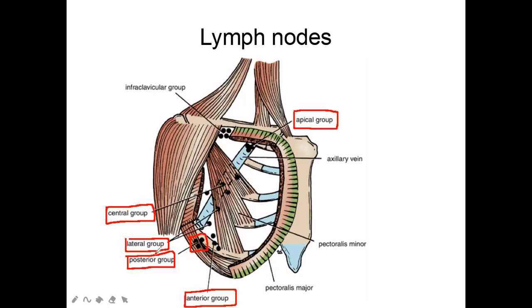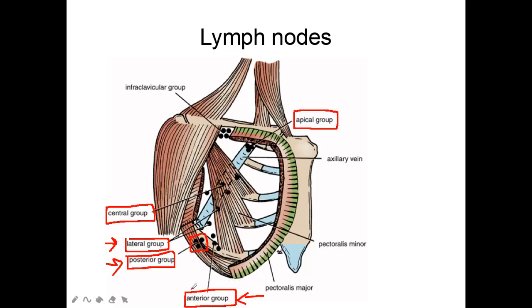Lymph received from various areas of the body reaches the lateral, posterior, and anterior groups. There's another group that I'll talk about, the infraclavicular, but for now let me focus on this one. We can safely say the anterior group drains the anterior abdominal wall and the anterior thoracic wall, above the level of the umbilicus.